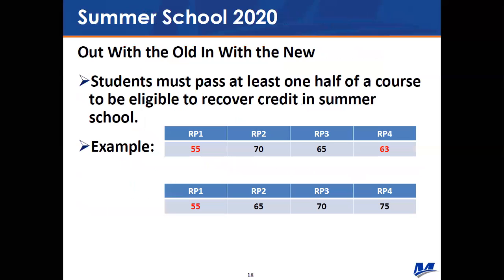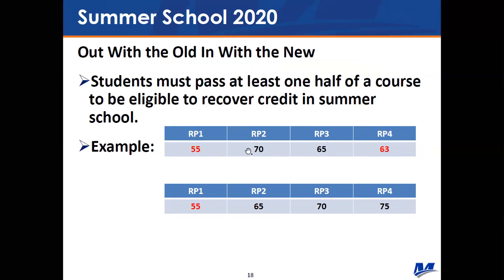When it comes to summer school, remember, you have to pass at least 1/2 of a course to be eligible for summer school. So what does that look like? Well, let's say in this example, a student failed RP1, but they passed RP2. They passed RP3, because remember 65 is passing, but then they failed RP4 with a 63.